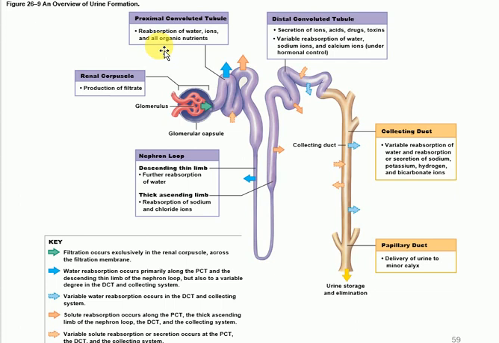Aldosterone, what does it do? Reabsorption of, not water, sodium. Yes, it will be followed by water, but what's the one thing? Sodium. And ADH, you reabsorb water. And parathyroid hormone, you reabsorb calcium.